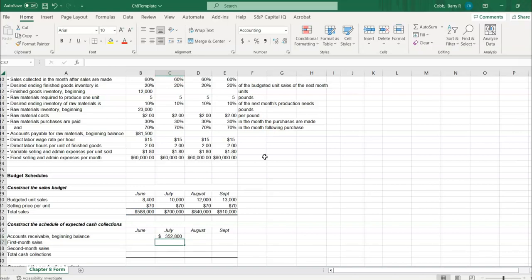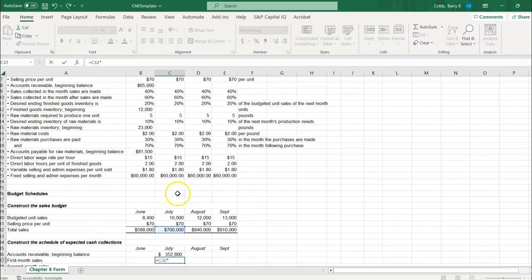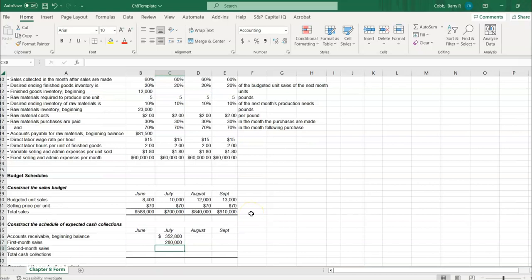All right, so then for each month of sales, they're going to collect the current month's sales times 40%. So we'll copy that over.